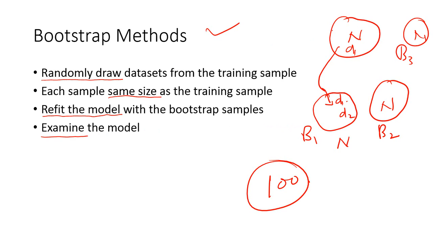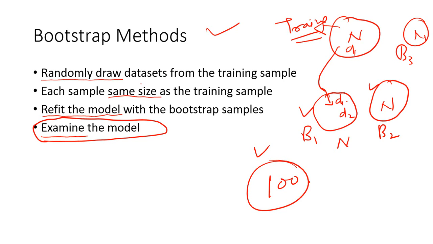Whatever model you have built on your original training data, you fit the same model on all these Bootstrap samples, and then you examine the performance of the model and the model statistics, and see whether they are consistent across Bootstrap samples or not. If they are consistent, then you have been able to cross validate your model in a good way.